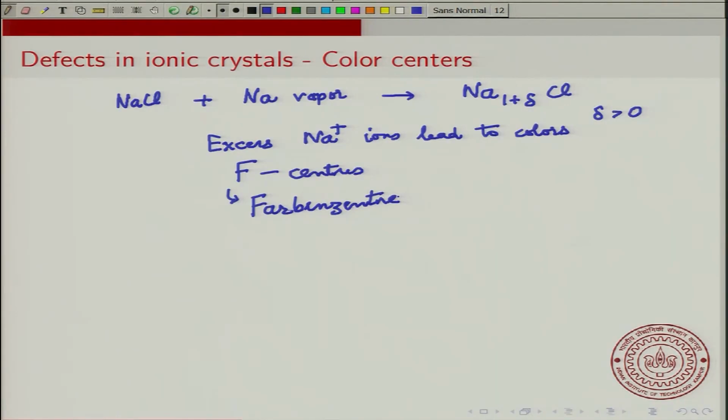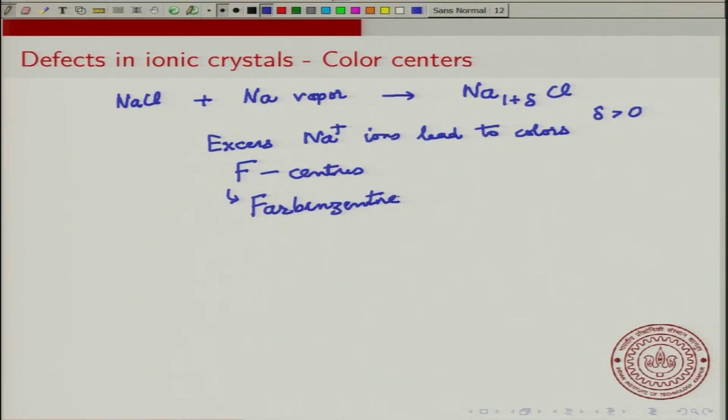Similarly, essentially these excess sodium ions will lead to a change in the color of the sodium chloride. The sodium chloride crystal will show a different color in the presence of these excess sodium ions. There are other centers you can get.